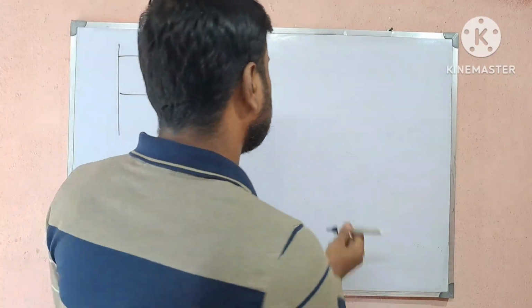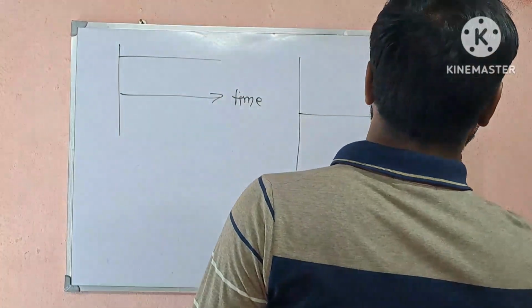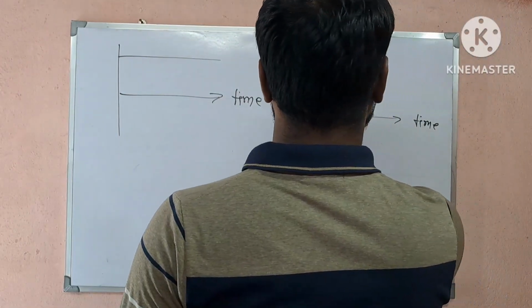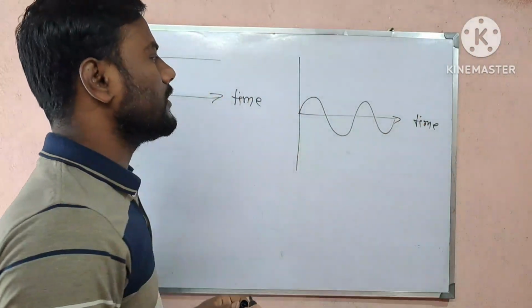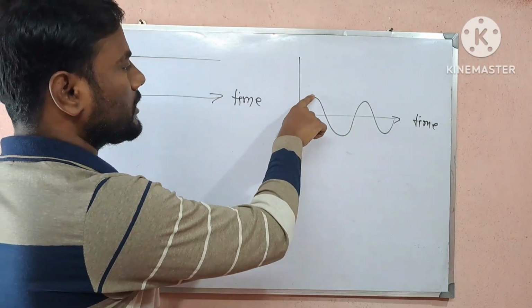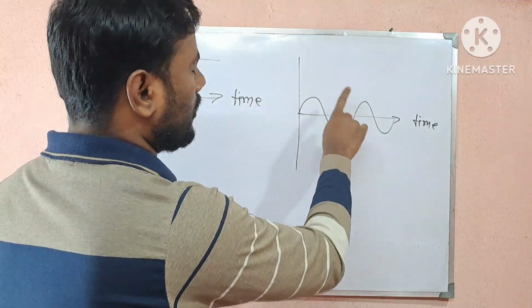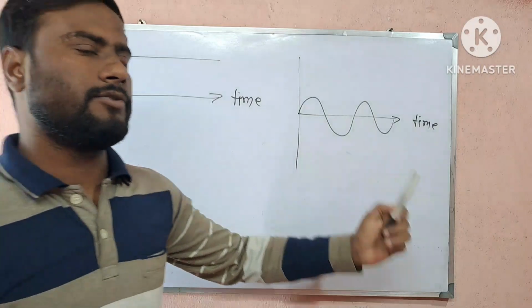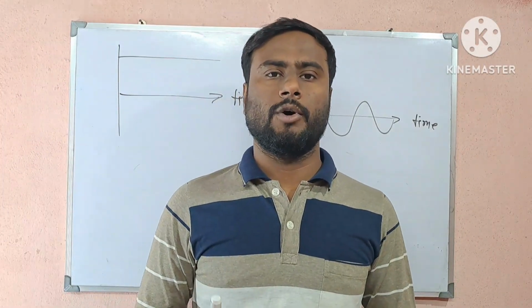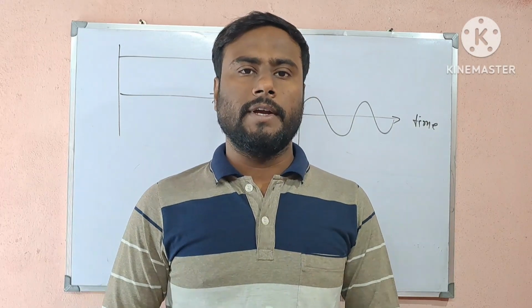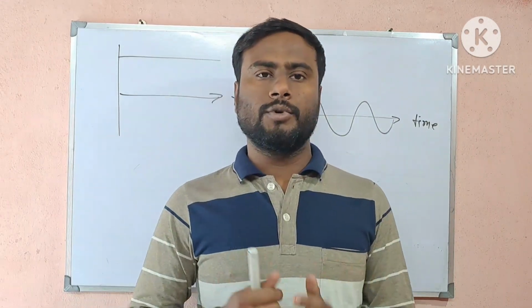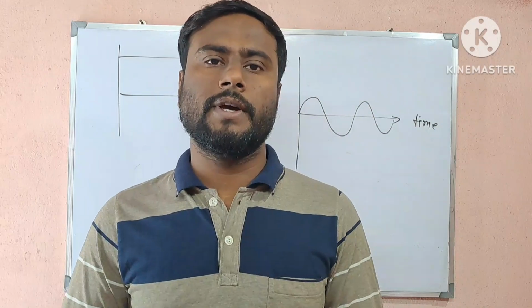If we plot it with respect to time, then that will be the graph. So from the graph, it is clear that here both the direction and magnitude of current alternately vary with time. So we can say that alternating current depends on time. It is time dependent.